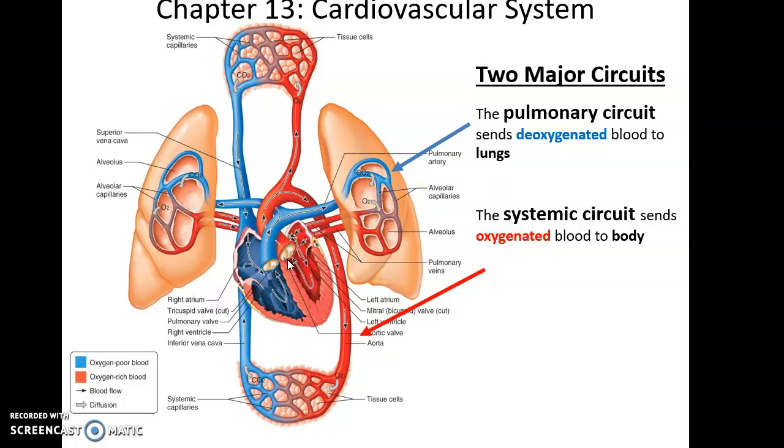And then the systemic circuit sends oxygenated blood from the heart to all of the tissues of the body, and then returns deoxygenated blood back to the heart.